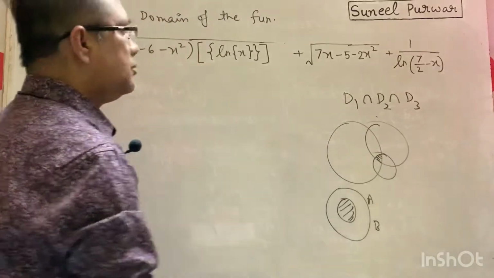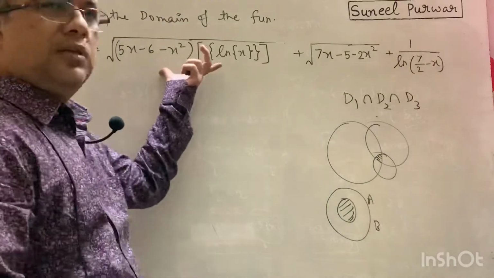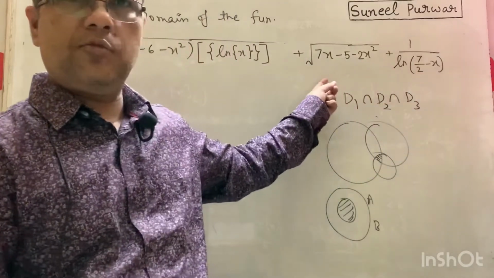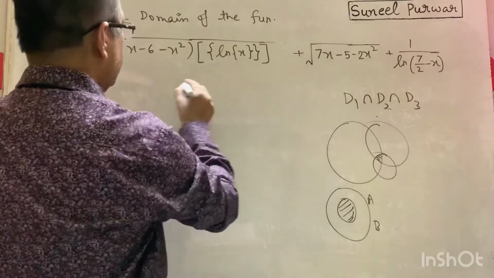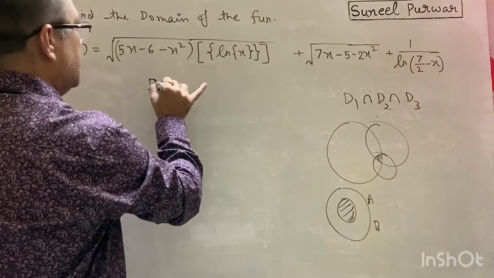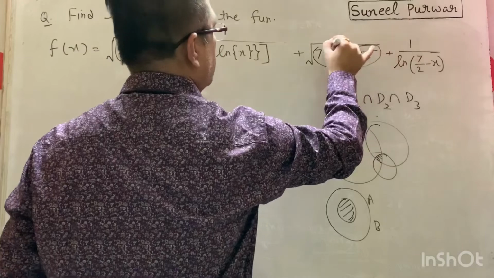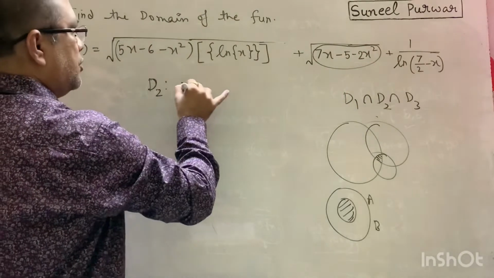Let's begin. So obviously this is quite bulky. This looks better and this looks also better. So let's first work out D2 and D3. So for D2, this quantity inside the square root must be what? Greater than or equal to 0.